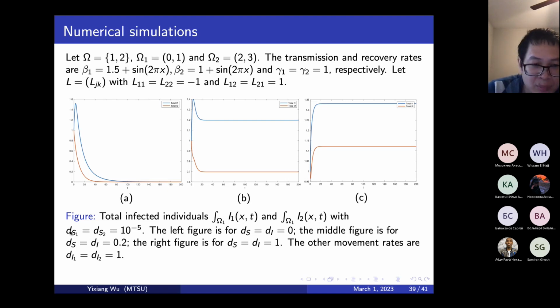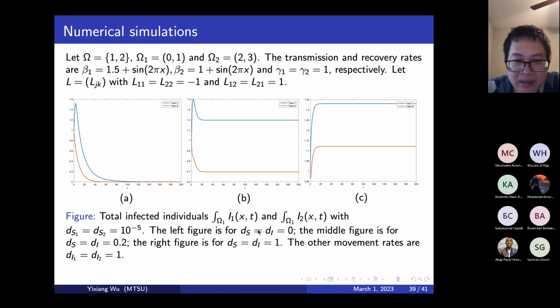This is when the movement rates of the susceptible people are small. Remember previously in the introduction, for the network model and the reaction diffusion model, they say you are able to control the disease by limiting the movement of susceptible people, right? So the left figure is for d_S equals d_I equals 0, which means there is no global movement.